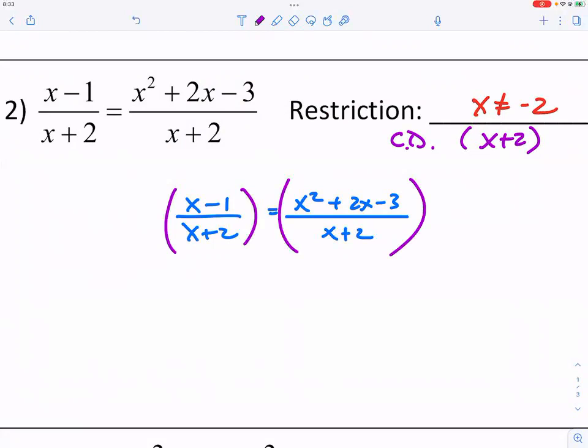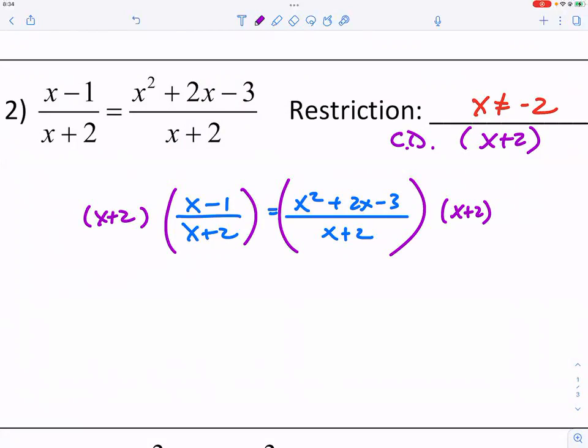So we have the common denominator, which is x plus 2, and we are going to multiply by x plus 2 on both sides. And again, based on what we learned yesterday, we share a common sentiment, which is that we hate fractions. We do not like fractions. And one way to not have fractions is to not have a denominator. If there's no denominator, we don't have a fraction.